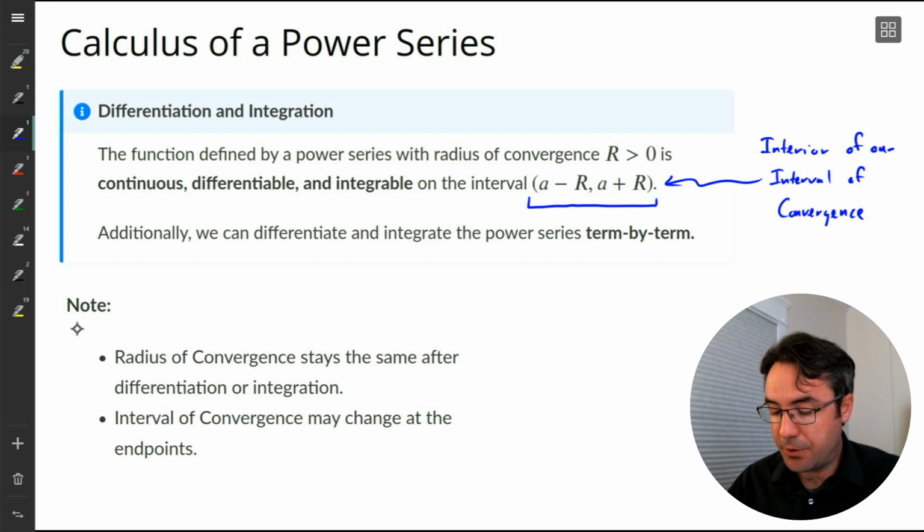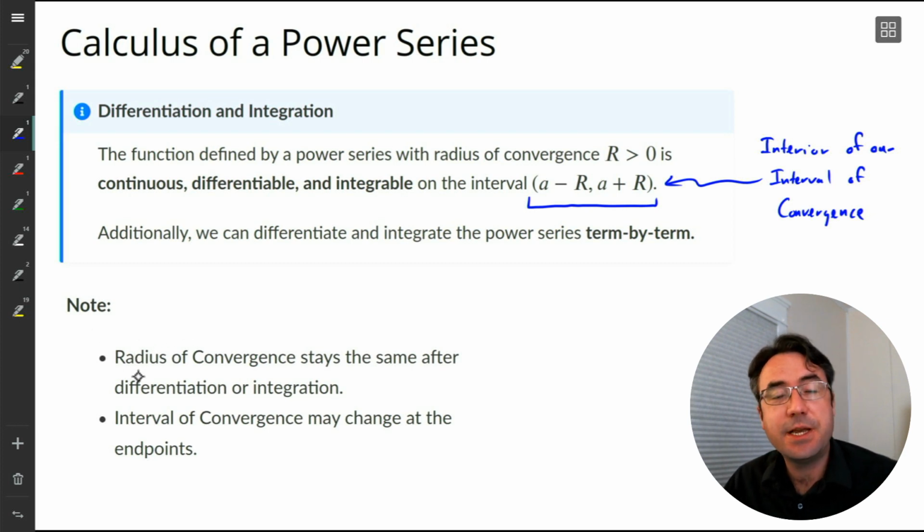Just a note here: when we differentiate or integrate a power series, the resulting power series has the exact same radius of convergence. Like we said, with the interval of convergence, things might change at the endpoints, so we're primarily going to consider the interior of our interval of convergence, because there can be potential issues at the endpoints.